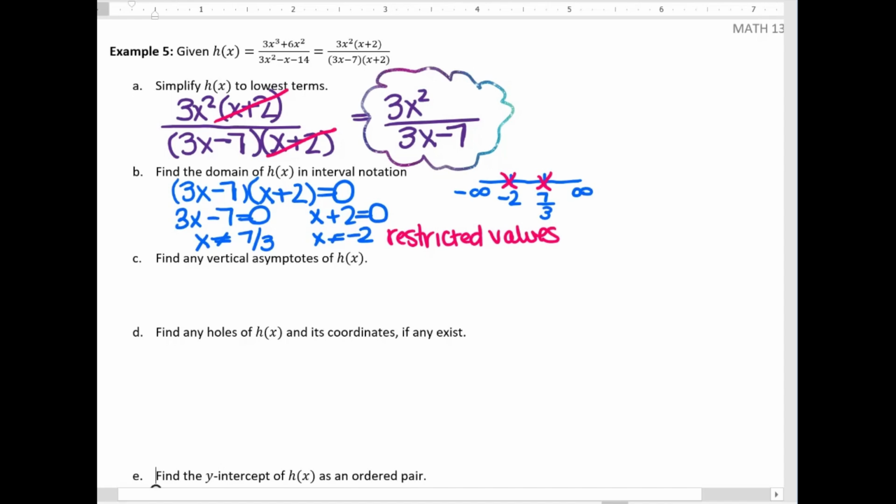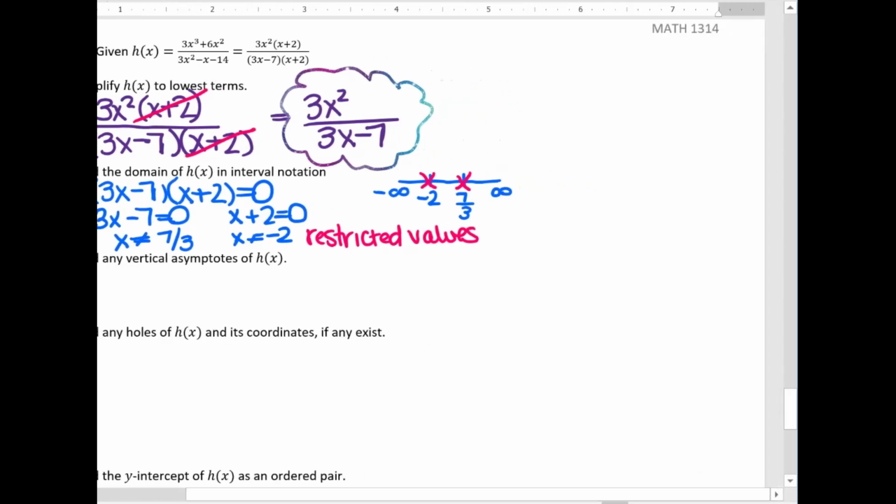And then when we write our domain, we're going to have 3 pieces. We're going to have negative infinity to -2, which is our first set. We have a jump over a restricted value, which means we need a jump rope, the union symbol. -2 to 7/3.